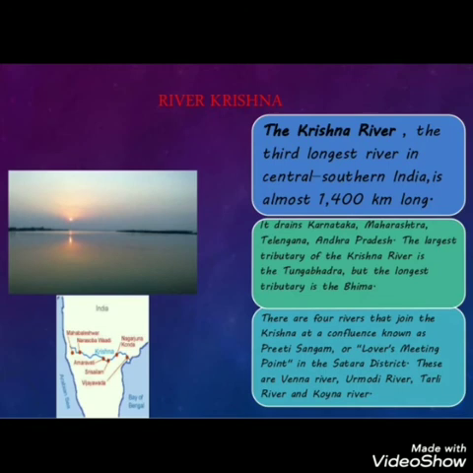The largest tributary of Krishna is Tungabhadra, but the longest tributary is Bhima. Four rivers join the Krishna at a confluence known as Preeti Sangam, or Lovers Meeting Point, at Satara district: the Venna, Urmodi, Tarli and Koyna rivers.